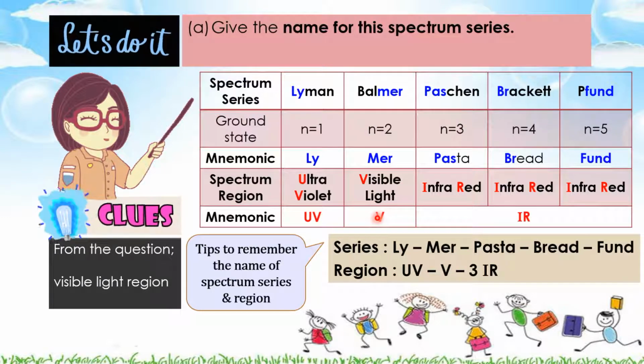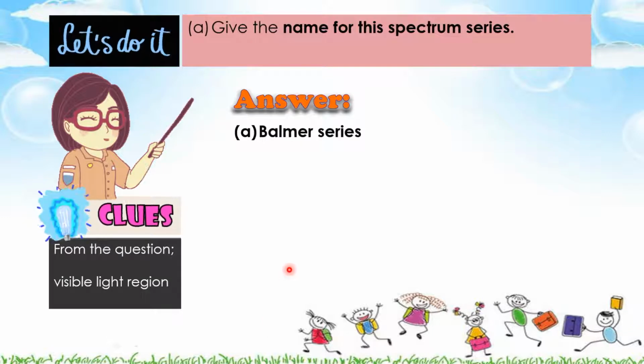Balmer is in the visible light region. Paschen, Brackett, and Pfund are in the infrared region. So just remember UV, V, 3IR for the regions. As for this question, the answer is Balmer series.